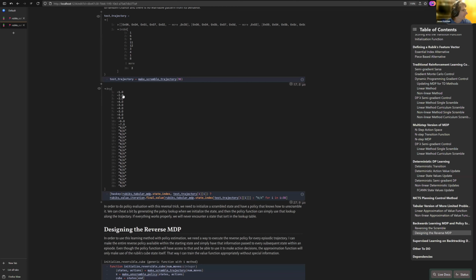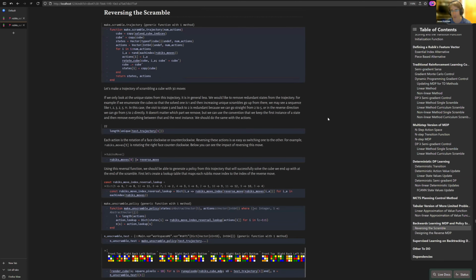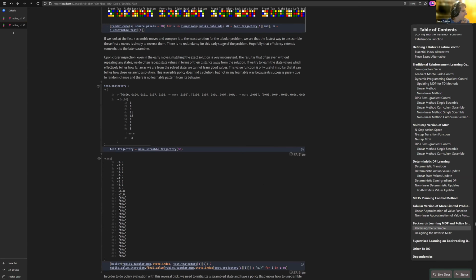And the problem is that this reversal technique is really bad at producing general results, because especially as we get farther out in the scramble process, like these moves, the hardest part of the problem, we can actually learn an exact solution here, and then with other techniques, even without that much work, we can extend this to a very high success rate, even out to like 10, 11 moves.